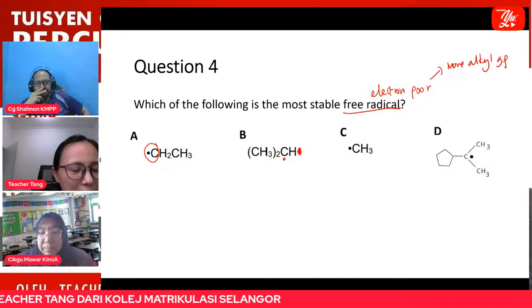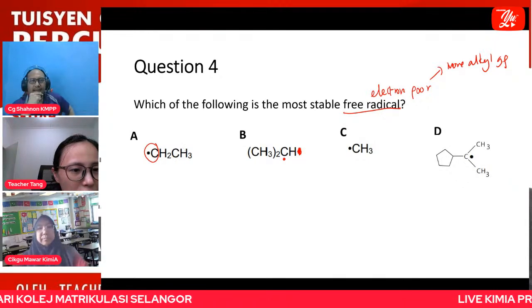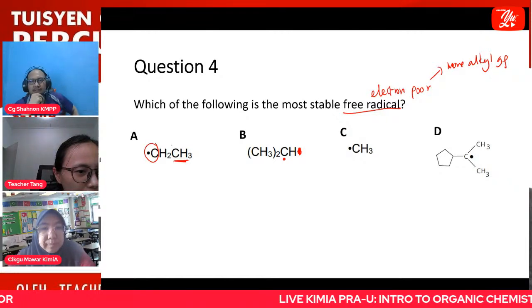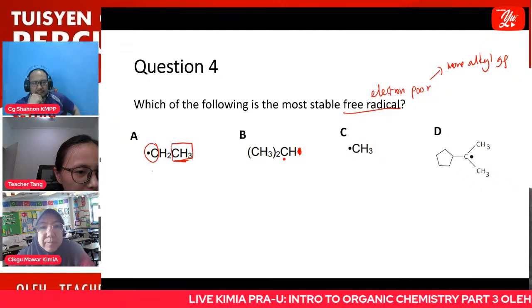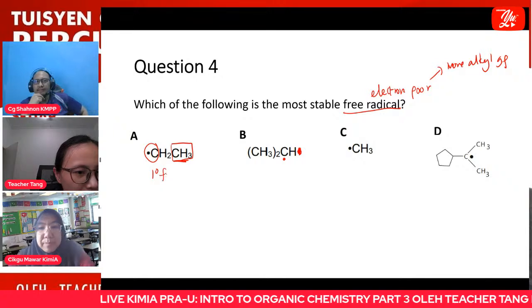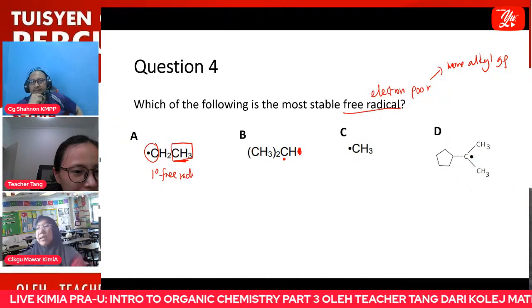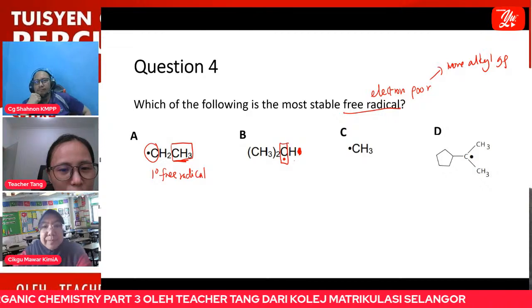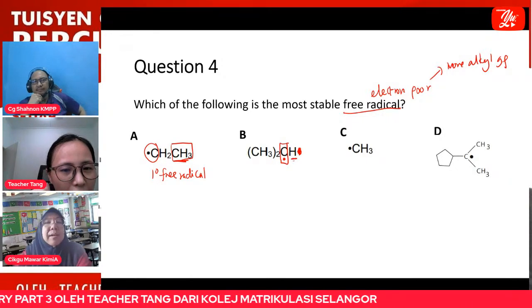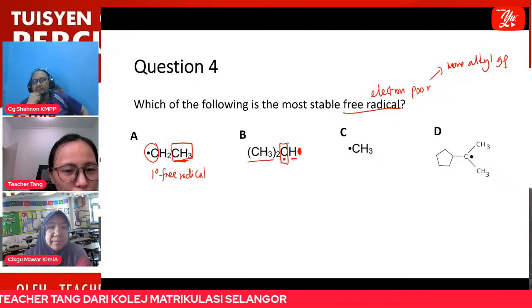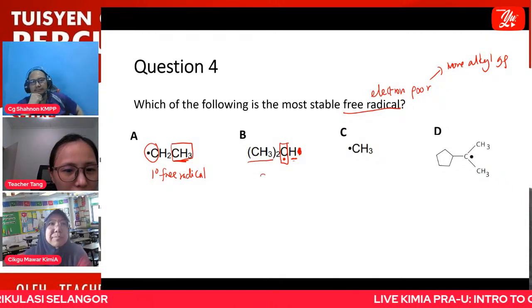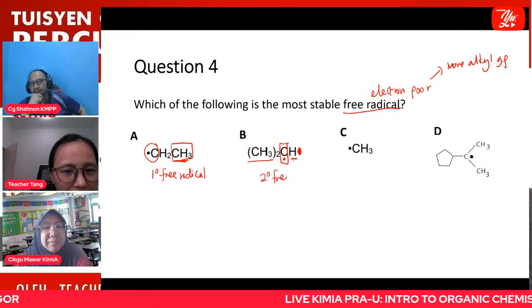For example, this carbon is attached to 2 hydrogens, so it has 1 alkyl group, so this is a primary free radical. This carbon has 1 hydrogen, so it has 2 alkyl groups, so this is a secondary free radical.